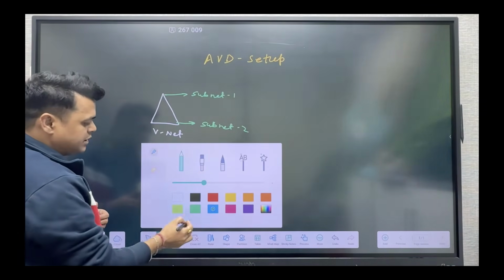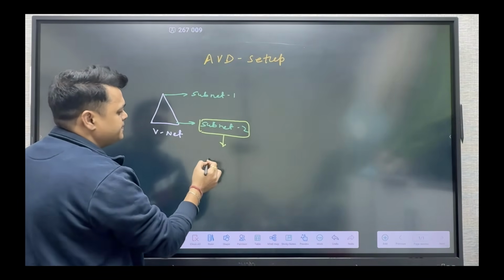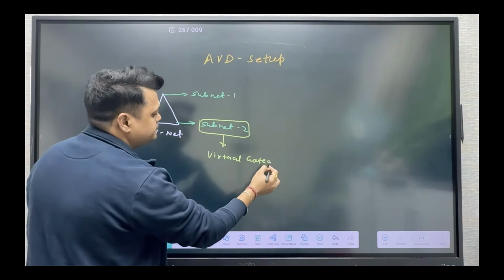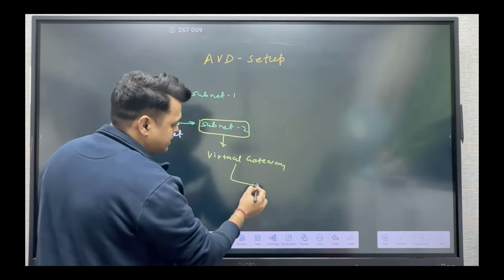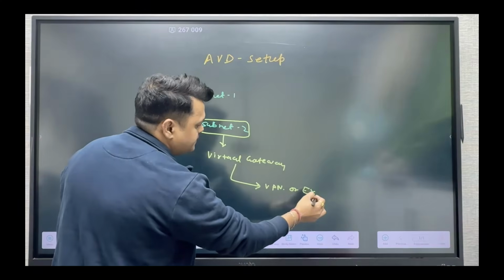Why do we need more than one subnet? Because the second subnet we are going to use for the virtual gateway, and the gateway can help us to establish VPN or ExpressRoute.